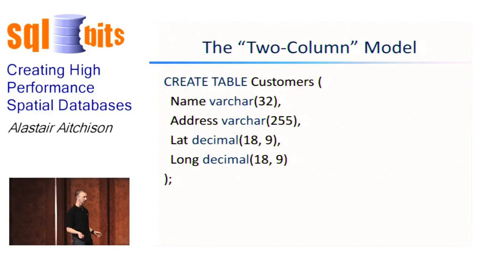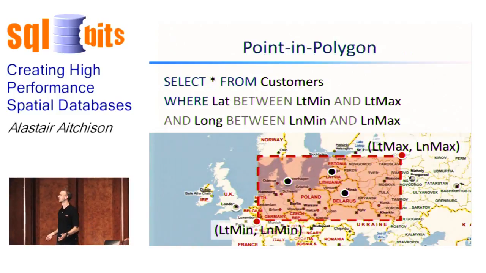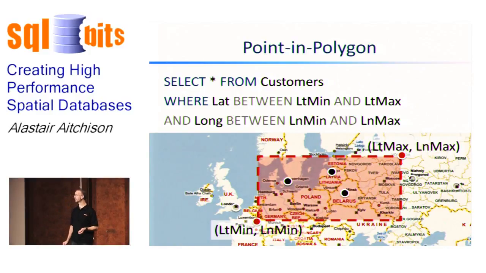And how can you use that kind of data? Well, using this model, it's possible to answer questions like which of our customers are located in a certain area of space. The query on this slide does that. So select star from customers, where lat between lat-min and lat-max, and long between long-min and long-max. This represents the red rectangle area you see on the map here.